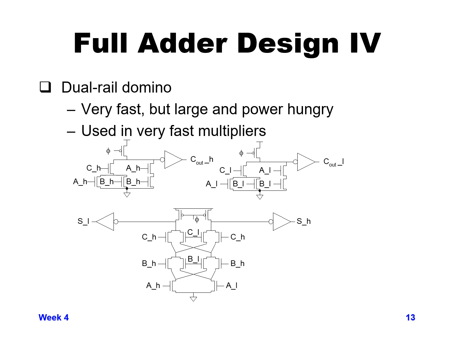So if the previous versions of the adders are 2 to 3 inverter delays, this one might be on the order of 1.5 inverter delays, so it could be anywhere from 25% faster to almost twice as fast as some of the previous full adder designs that we talked about in the previous foils.